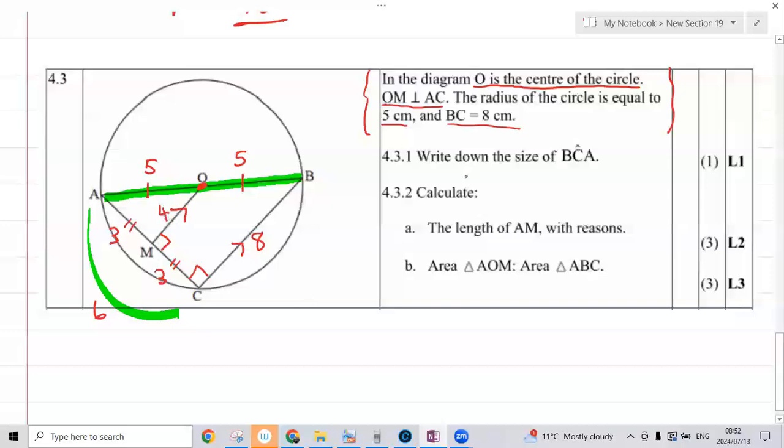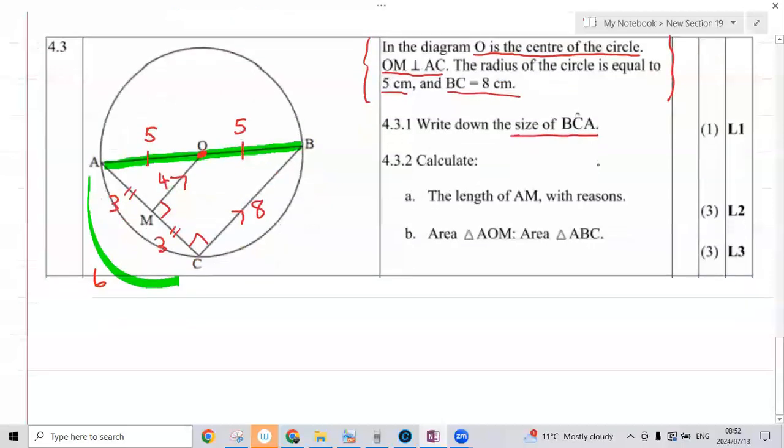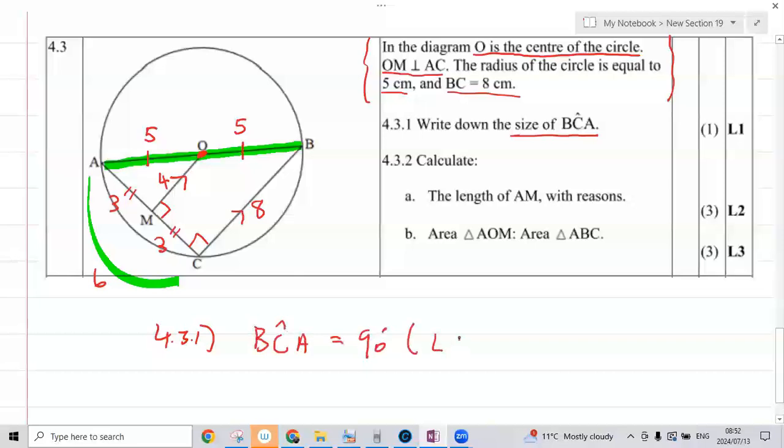All right, so let's see, what are they asking us to do here now? Write down the size of BCA. So 4.3.1. The size of BCA, and that's going to be angle in semicircle, which we already got. So here, BCA equals 90 degrees, angle in semicircle.